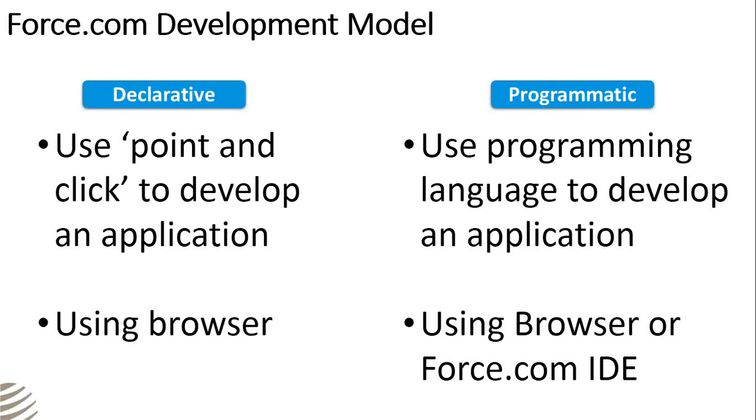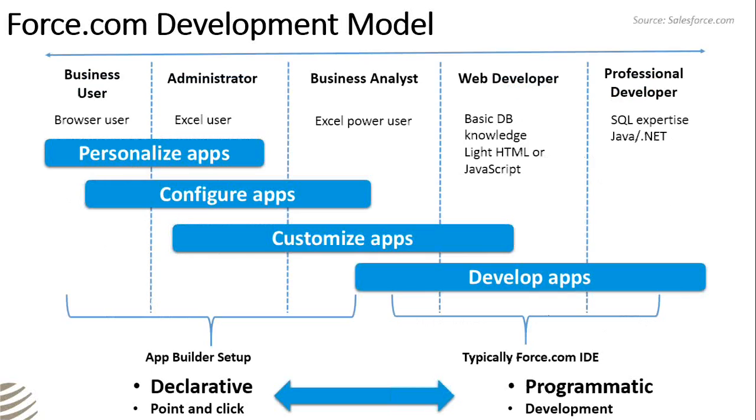Programmatic, if you want to add more advanced features, you can use the programming language to develop an application, and you may need the Force.com IDE for that. So in declarative model, the advantage is maybe it's easy to use but less flexible. In programmatic model, you need some expertise, but it's very flexible. You can do whatever you want.